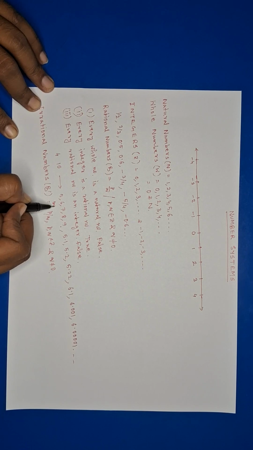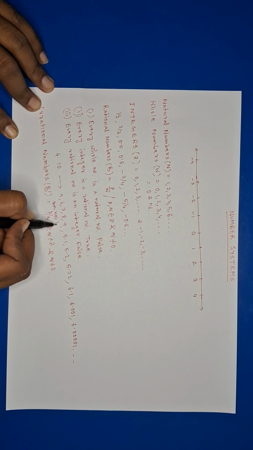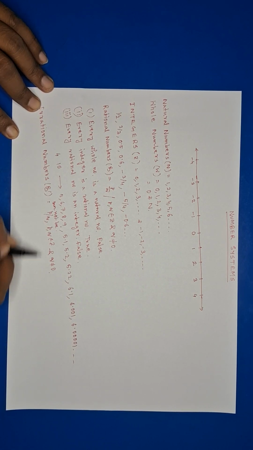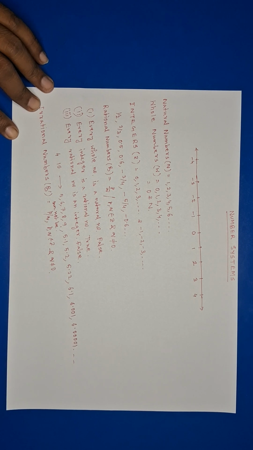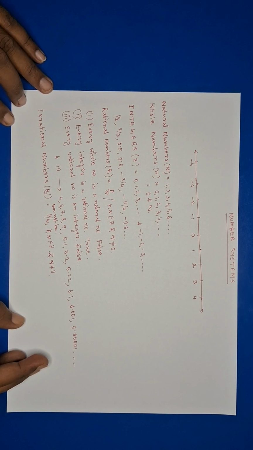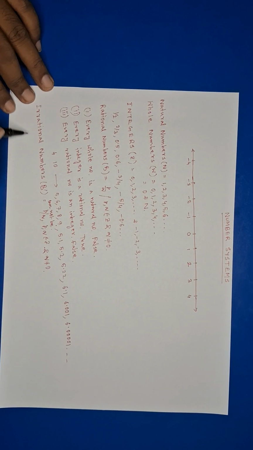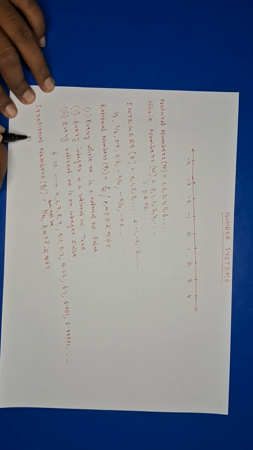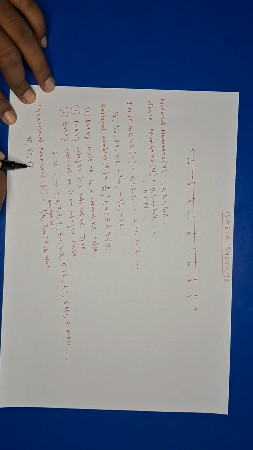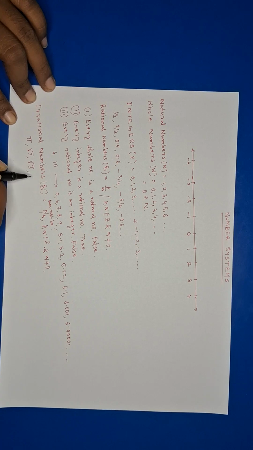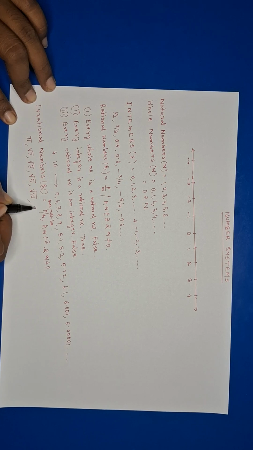This cannot be represented by p by q. So what are the examples of the irrational numbers? One favorite example is pi. Other examples are root 2, root 3, root 5, root 10, root 15.